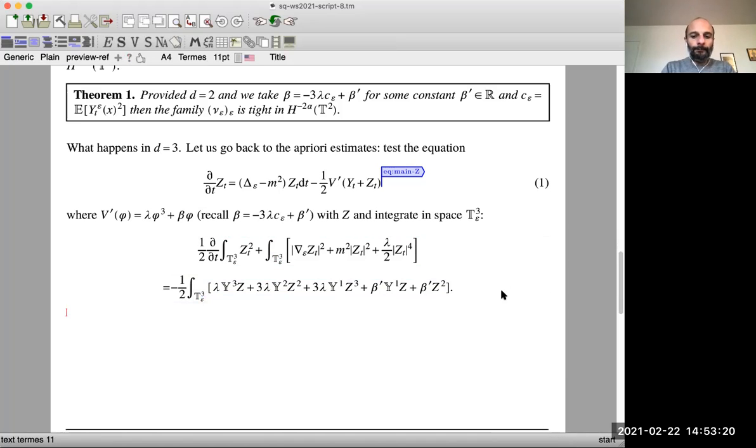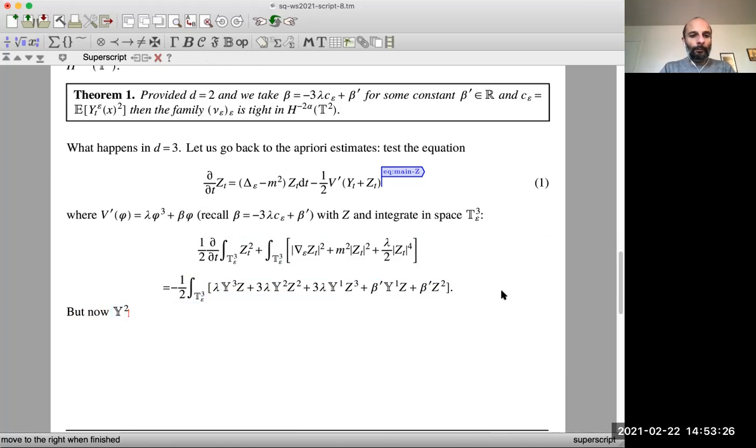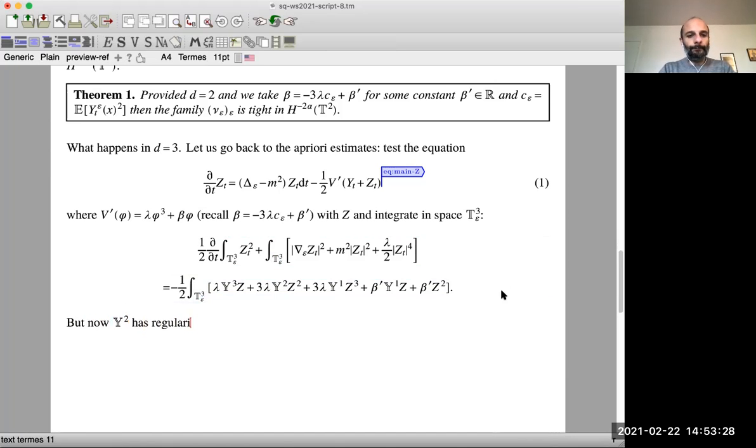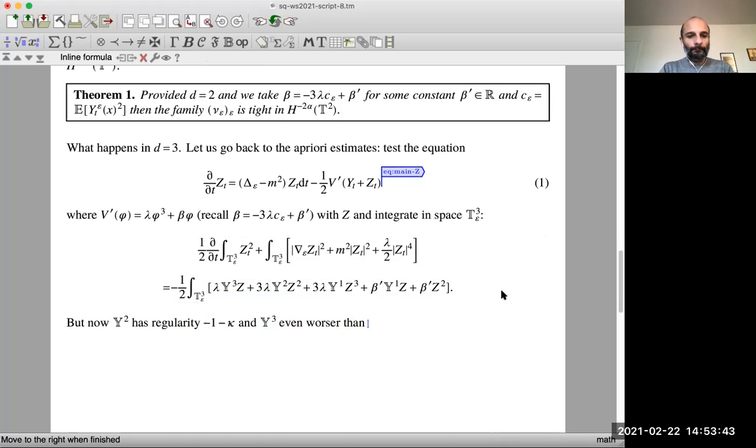Now y2 has regularity. What regularity does it have? You compute, and it's this. And y3 is even worse than minus 3 over 2 minus kappa.